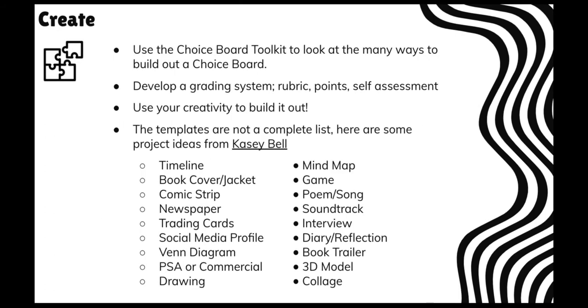There's a few lists that you could choose from as to the different activities, but you also have to think about the different tools that we have. Casey Bell has a wonderful list, and there's other ideas. These bulleted items right here are not an exhaustive list of what you can put on a choice board. They're just ideas to get your creative juices flowing.